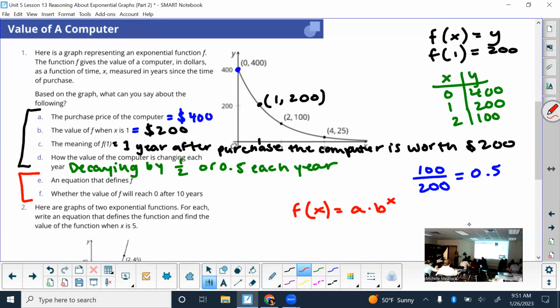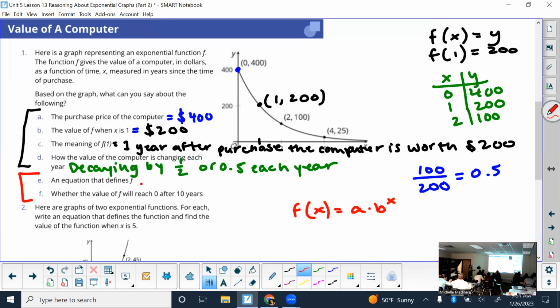So table 6, what is my A of this function? What does A stand for? So what is my initial value in this problem? 400.